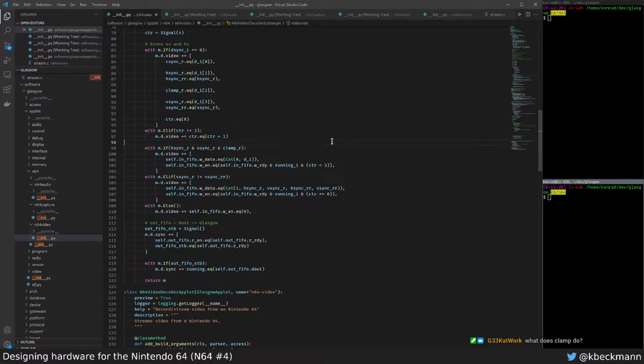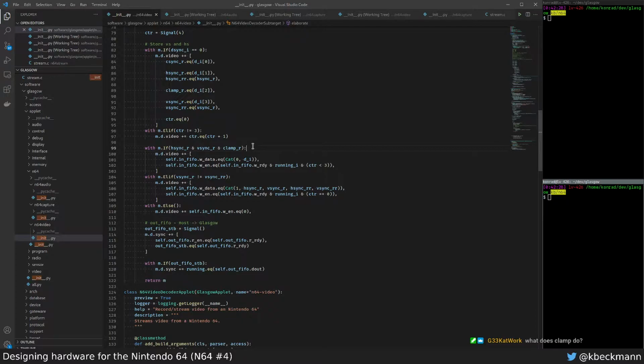Then I check if horizontal sync and vertical sync are high, and also the clamp, then I'm basically in the active area. I haven't really figured out what clamp does, but I believe it's sort of an overscan thing, maybe cropping a little bit. I still haven't really figured it out.